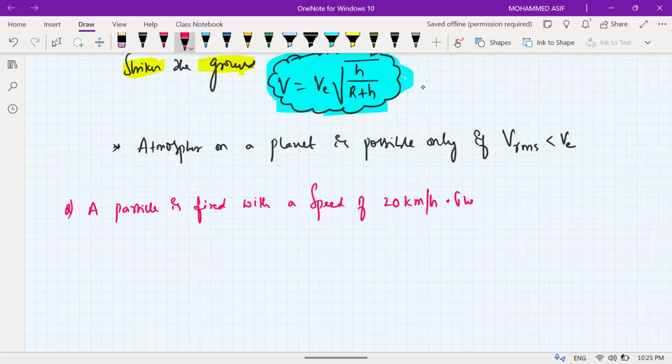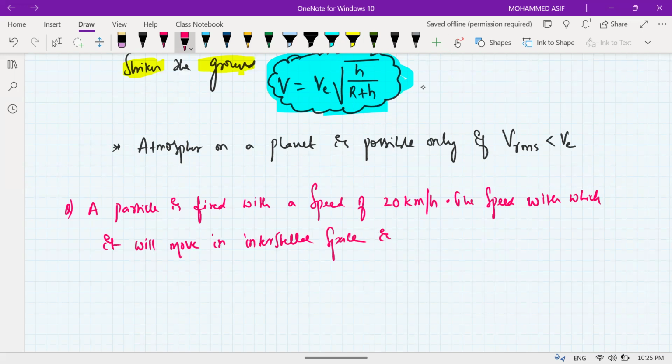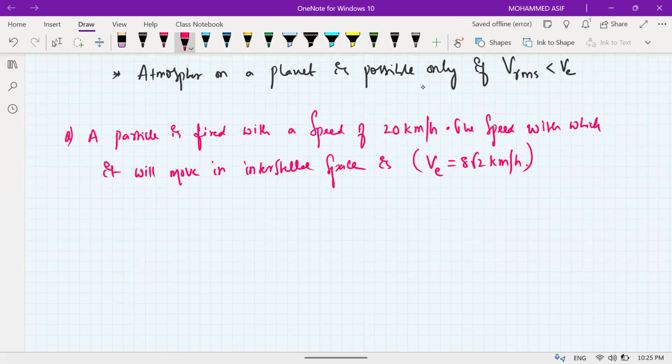The speed with which it will move in interstellar space, where the escape velocity is 8 root 2 kilometer per hour, is what?